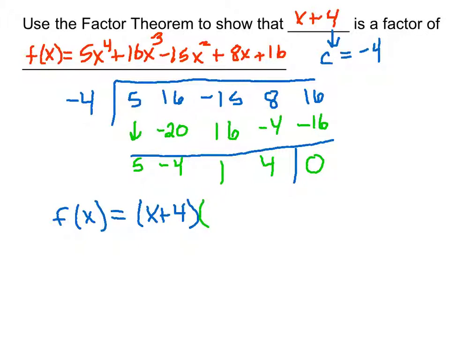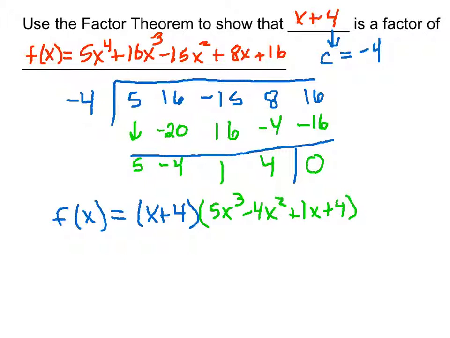Here I get the coefficients of my quotient, so this is 5x to the third minus 4x squared plus 1x plus 4. And I have a remainder of 0. I'm not adding some random number over here.